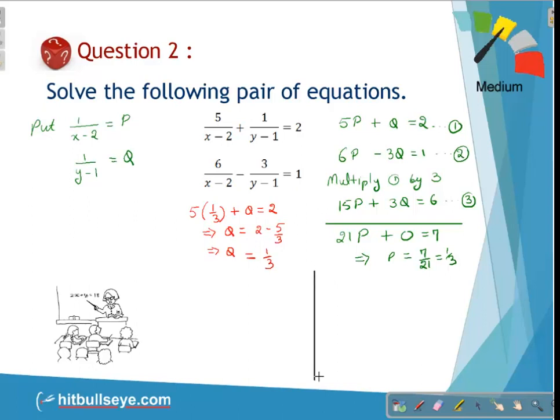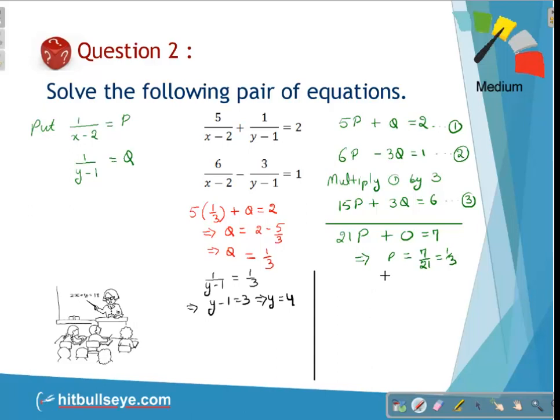Let's see how. When I'm using q as 1 by 3, I'll get 1 upon y minus 1 equals 1 by 3, which gives me y minus 1 equals 3, or y equals 4.